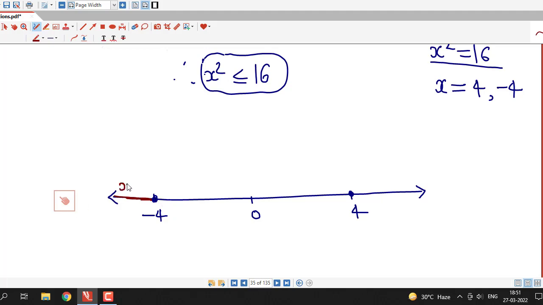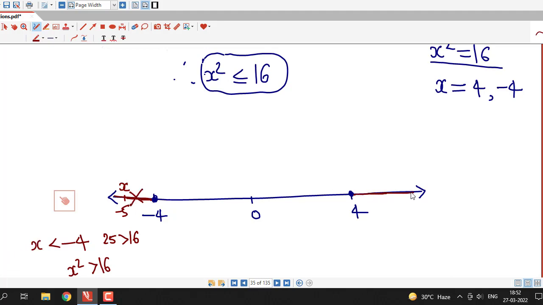If I take any x which is less than minus 4, then its square is going to be bigger than 16. For example, if we consider x equal to minus 5, then square of minus 5 is 25, which is bigger than 16. So there is no x value to the left side of minus 4.